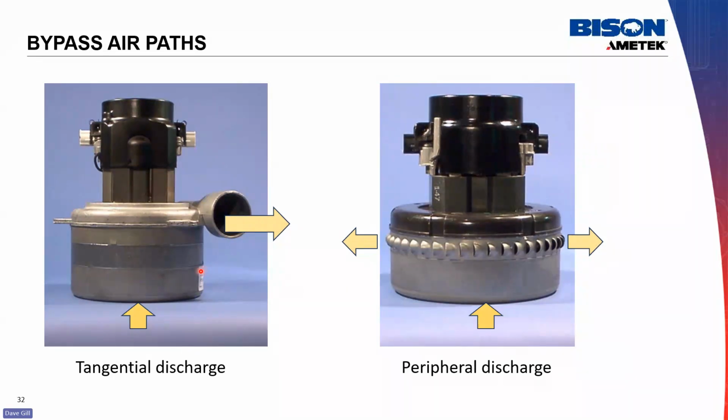In the other configuration, air again enters through the fan eye, goes through the various fan stages, and it exits out tangentially through a tube, which is an exhaust tube, or we call it a horn, tangential to the fan casing. And this is called a tangential discharge, very original name.